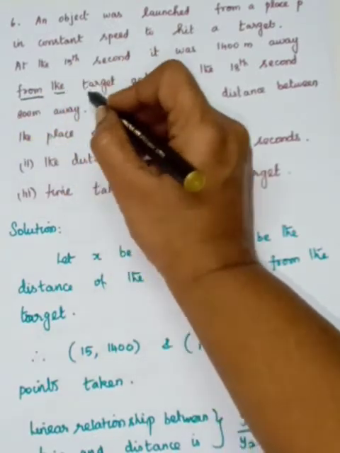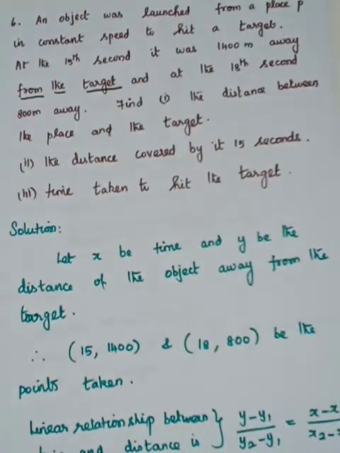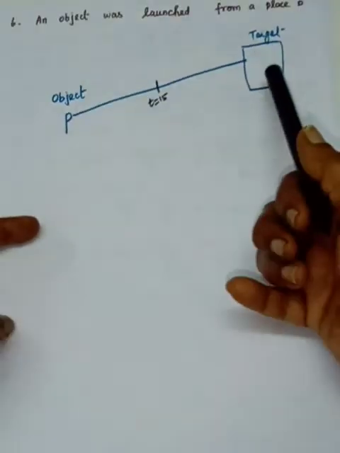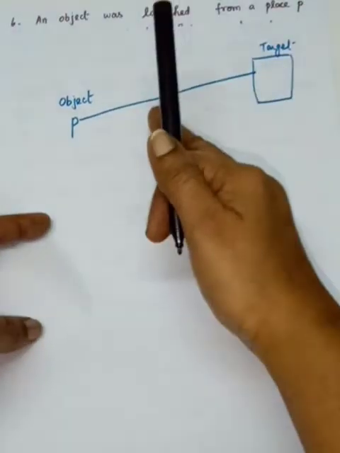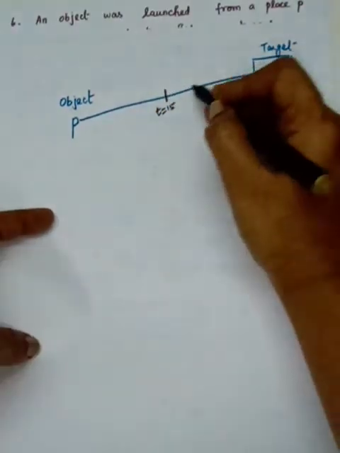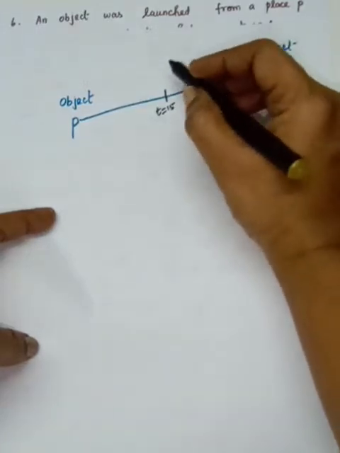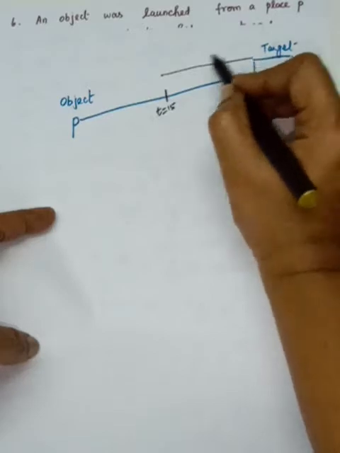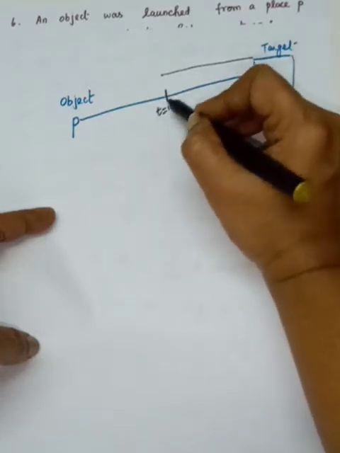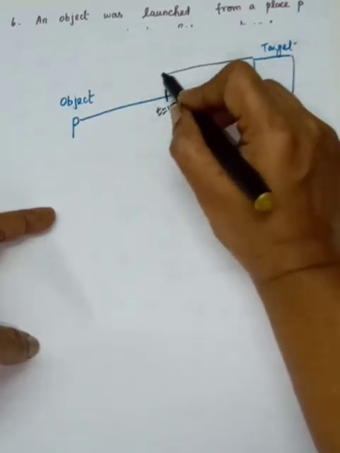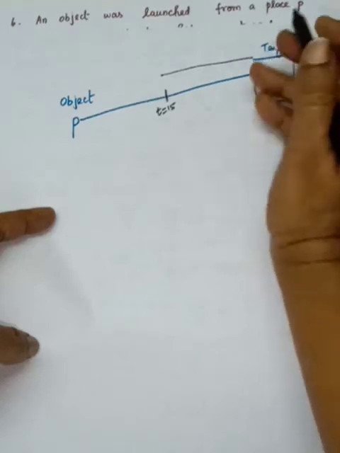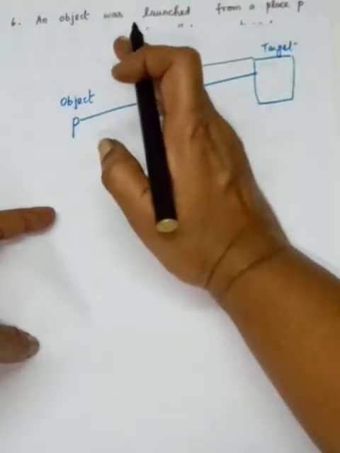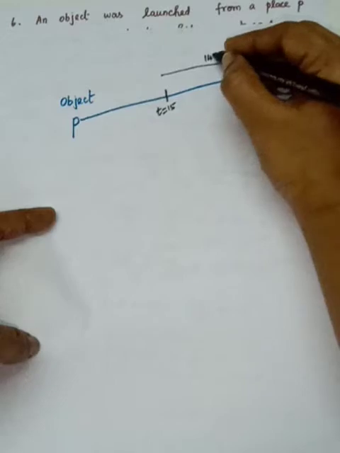You see the words away from the target. So this is your target, and from the target, the object was 1400 meters away. So from here to now, at the 15th second, the object is here. This is your 1400 meters, at the 15th second.